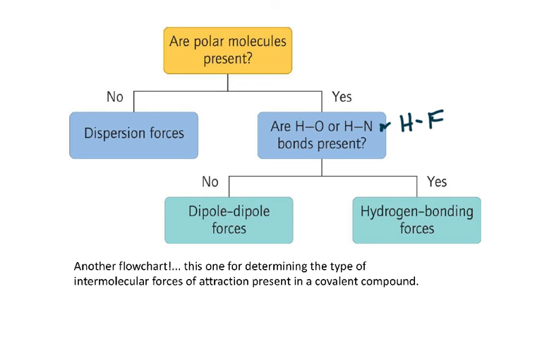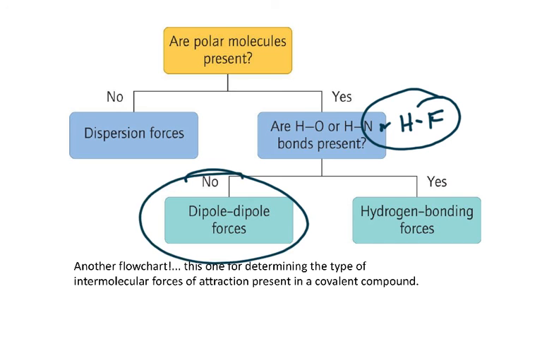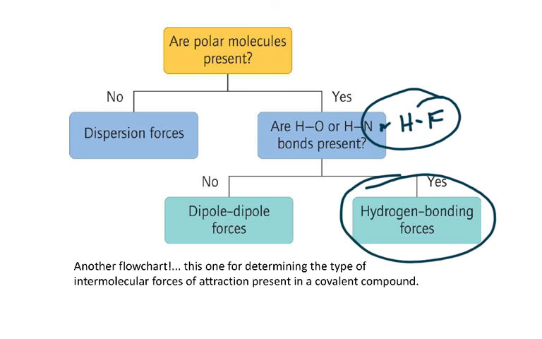The reason H-F is left off is because H and F generally only make one bond, and so it only appears as the molecule HF, not as a part of a molecule. But H-O and H-N appear as parts of molecules often. So, are these bonds present? If no, but polar, then dipole-dipole are the strongest. If polar and these are present, then hydrogen bonding forces are the strongest.